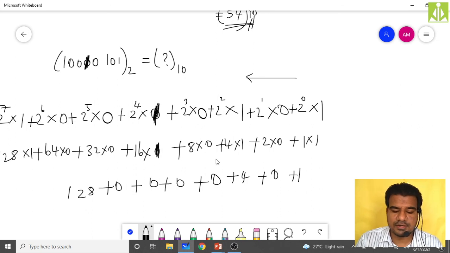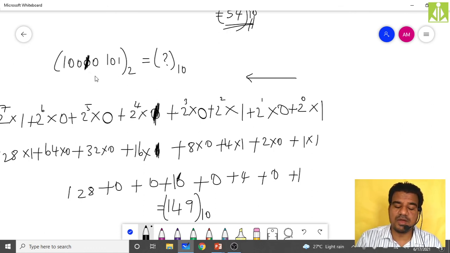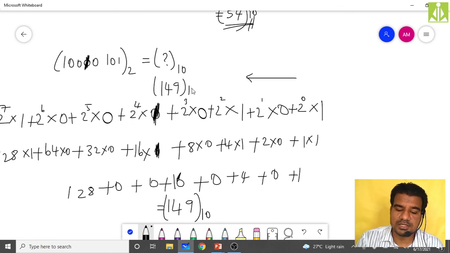So what will you get? This is 0, and this is 16 you will get here, and this is 0, this is 0, and 128. Now 148 plus 1, 149. In this way you will get the final result, 149 to the base 10. So the decimal equivalent of this binary number is 149 to the base 10.